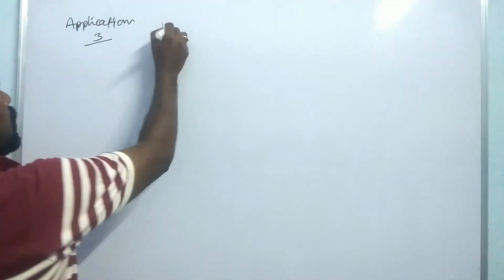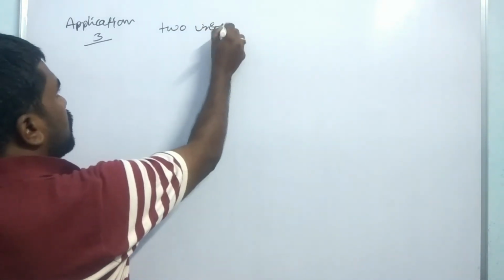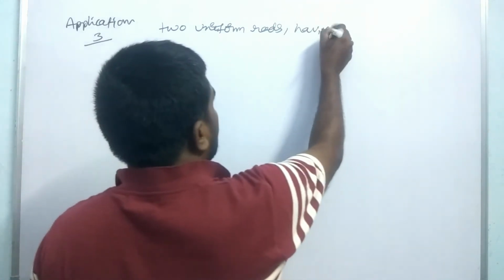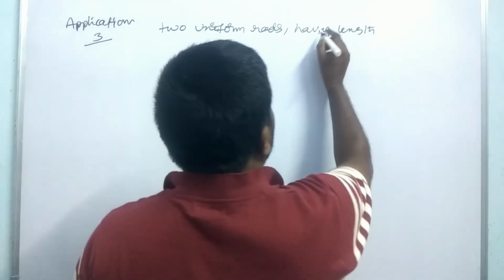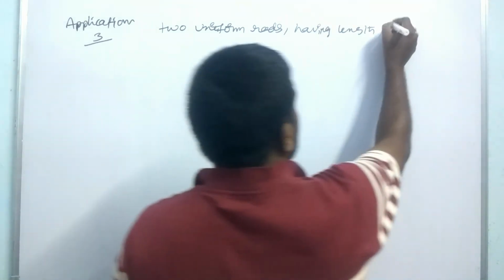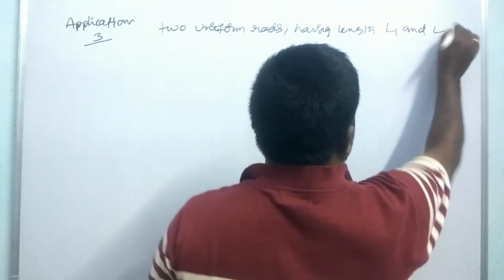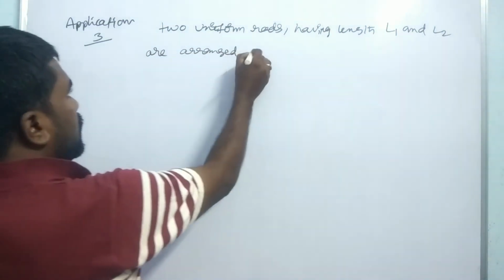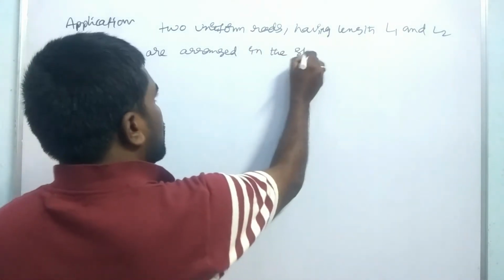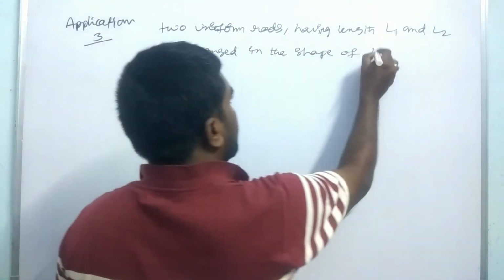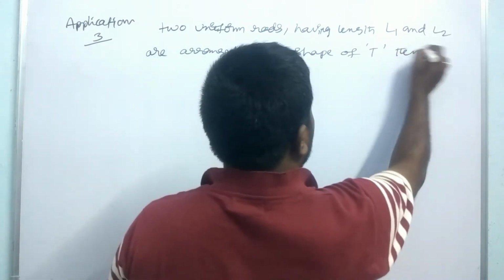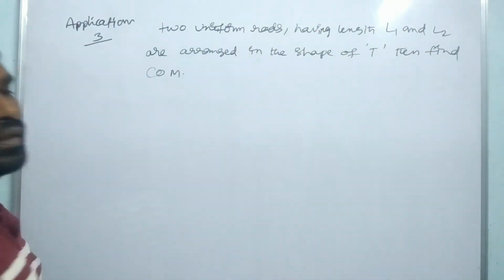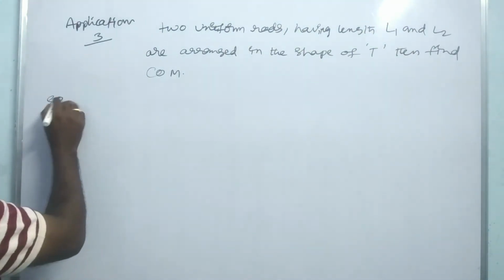If two uniform rods having lengths L1 and L2 are arranged in the shape of T, then find the center of mass of the system.